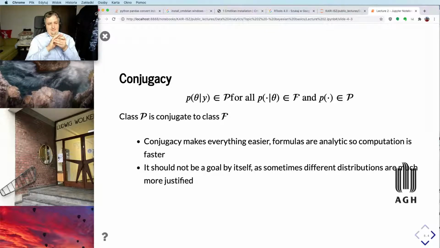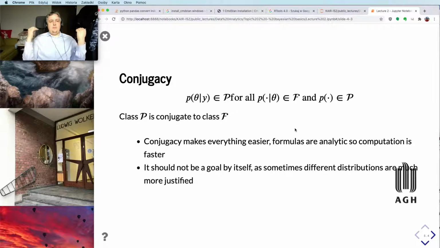Conjugacy is something like this: if a certain probability distribution, which will be our posterior, belongs to a certain type of functions called P, and our likelihood belongs to F, while the prior also belongs to P. So in other words, when a function from F multiplied by a function from P can be transformed, by multiplication and interpretation of coefficients, into a function from P, then P is conjugate to F.